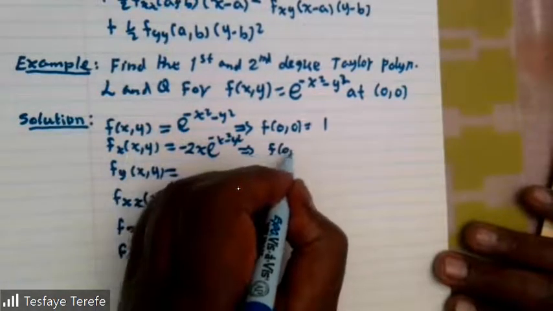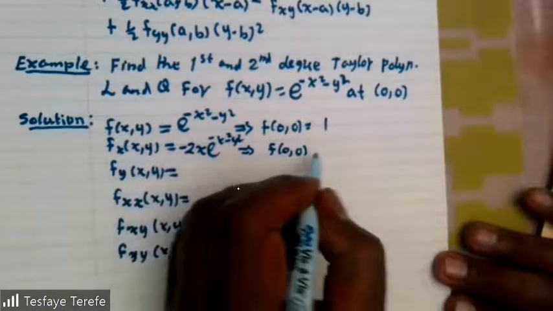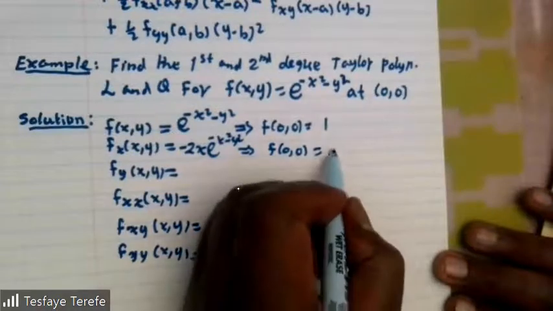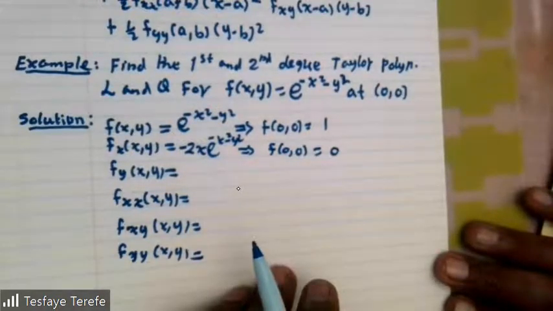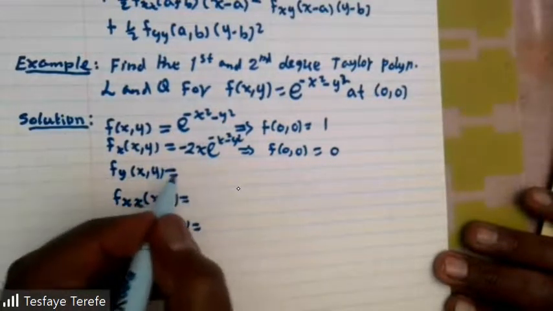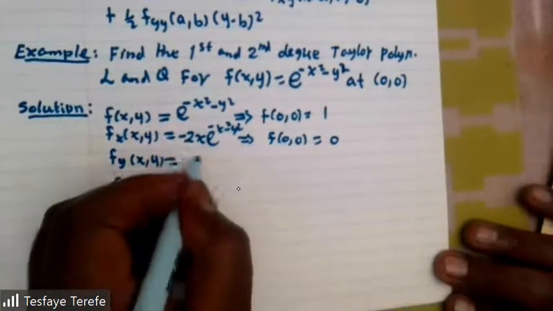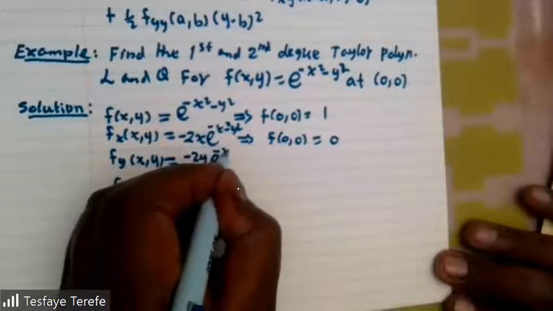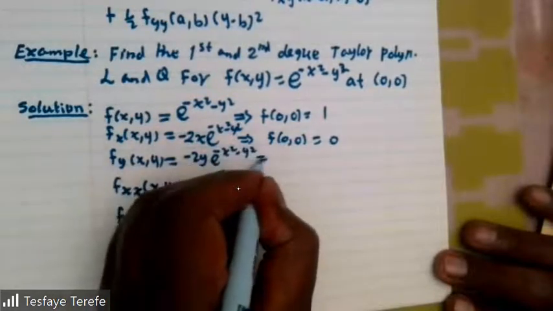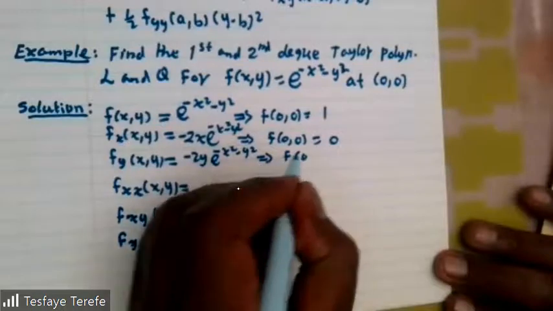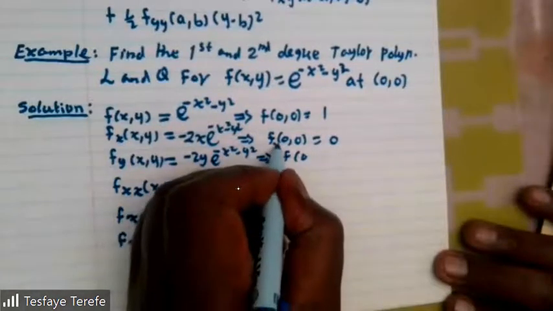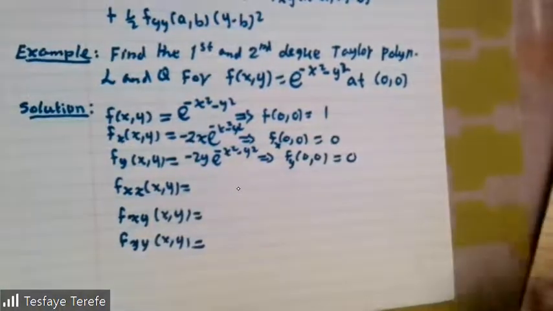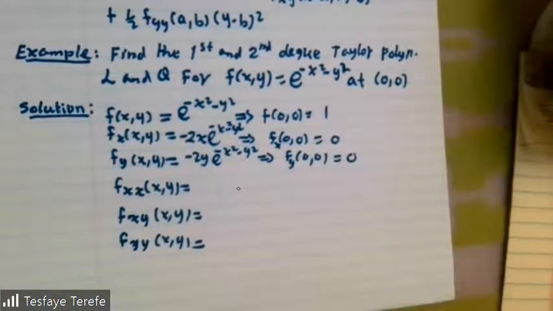When we evaluate that at (0, 0), x is 0, therefore, regardless of the exponential, this is going to be 0. And the partial derivative with respect to y, by a similar argument, is negative 2y e raised to negative x squared minus y squared. And at the point (0, 0), this is also 0.